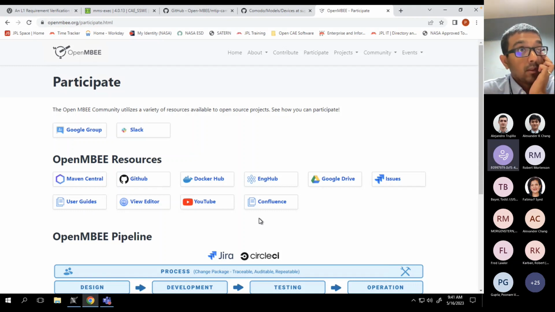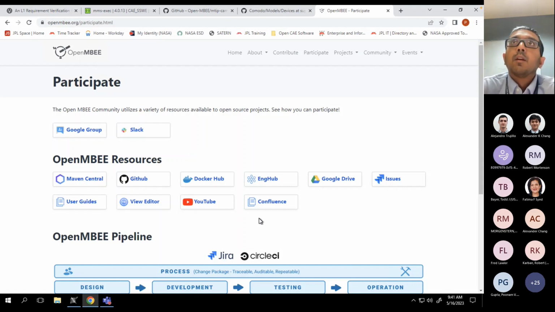So the demo that Robert gave earlier in the video for Confluence is going to be the next iteration of OpenMBEE products, particularly for MMS and View Editor, having that Confluence integration. Currently, View Editor is a standalone web hosting with a JavaScript backend.